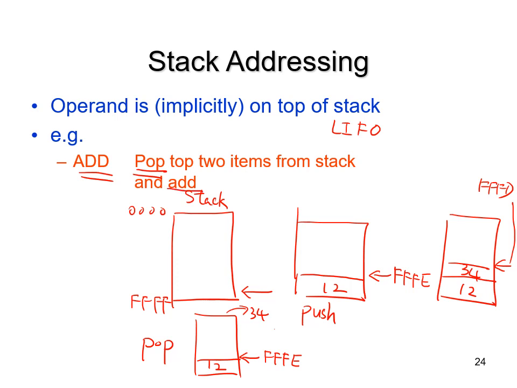Therefore, sometimes you may use the stack memory to perform the operation. But we described to you that the stack memory is mainly used as the address memory. It mainly stores the address.